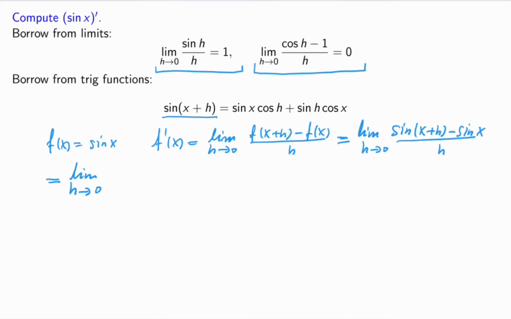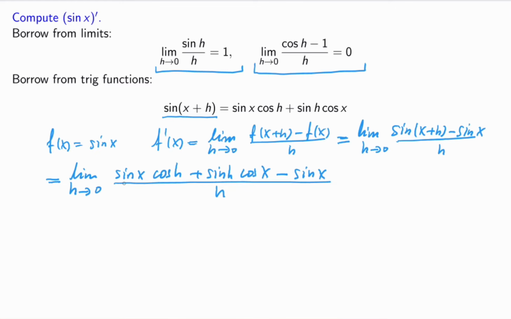Now sine of x plus h is sine x cos h plus sine h cos x, and then minus sine x, which is still there, and then all this divided by h. Now I can factor out common factors and write these terms in a more convenient way.